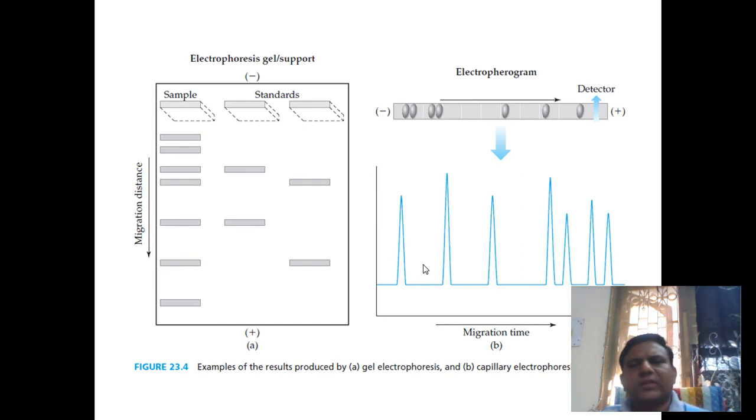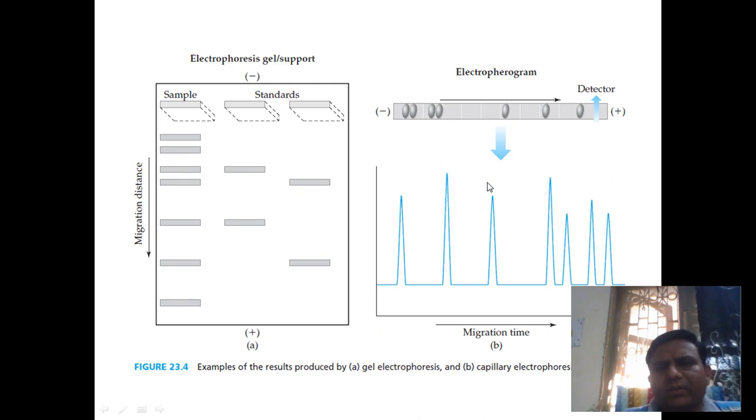But before that, you can observe on this slide, when we perform electrophoresis, and after the end of the process, if it is gel electrophoresis, then on the gel or within the gel there is a separation of different types of molecules in a band pattern, and these band patterns are the peak patterns, nothing but the electropherogram. So whatever band pattern we obtain after the completion of electrophoresis, whether paper or gel electrophoresis, that result is known as an electropherogram.